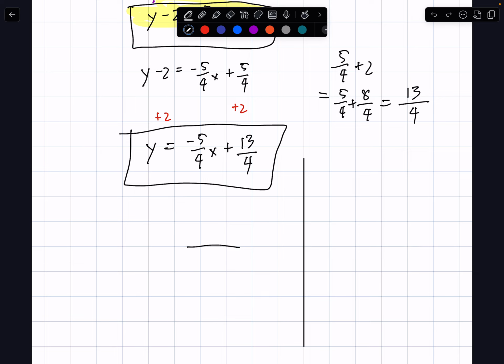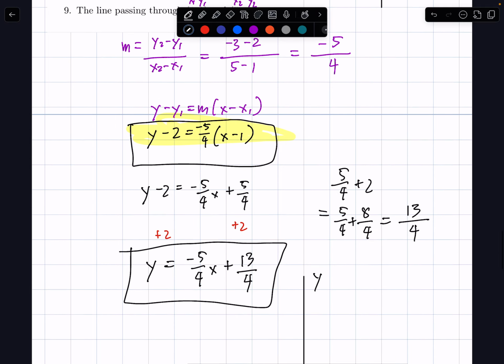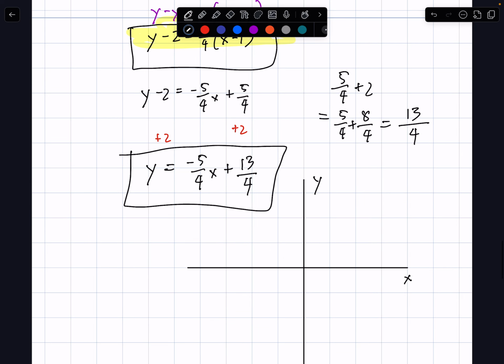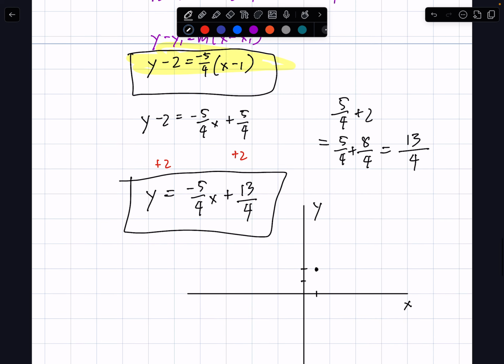Okay, there you go. Oh, beautiful. Okay, where were we? (1, 2) was the point, yeah? So (1, 2). I don't know why it keeps changing to eraser. Okay, (1, 2), and then my slope was -5/4.